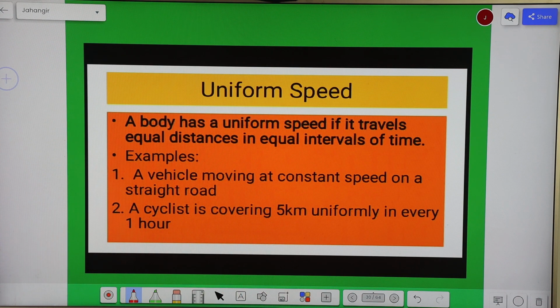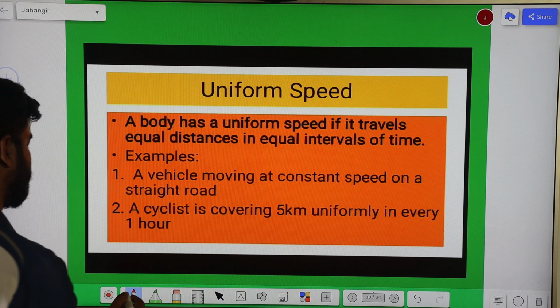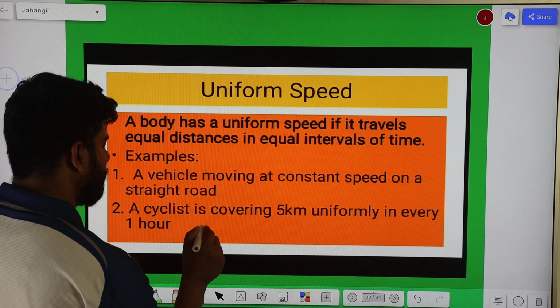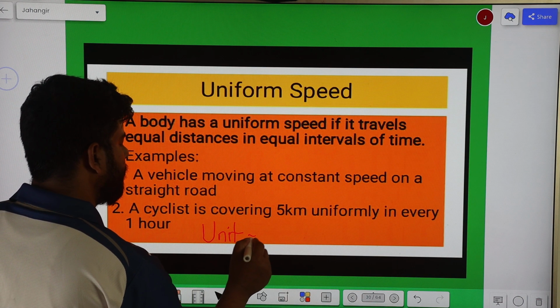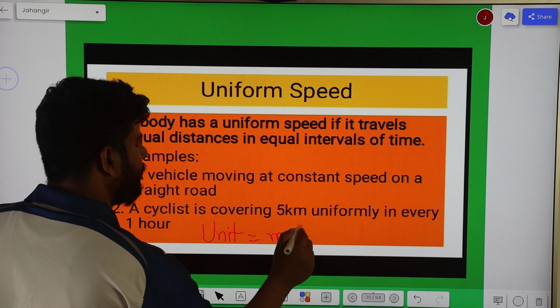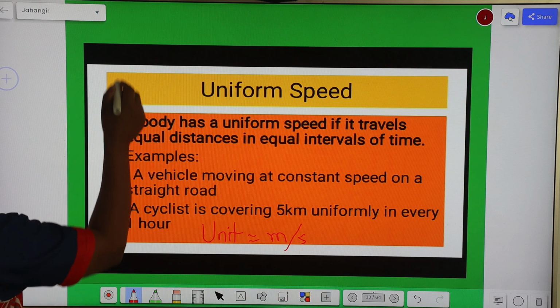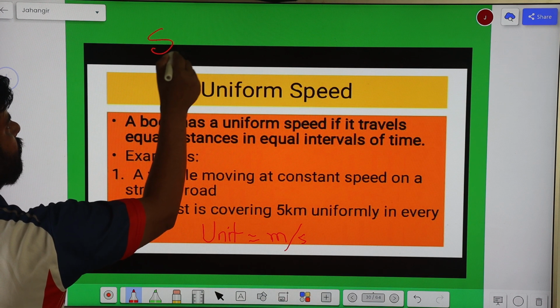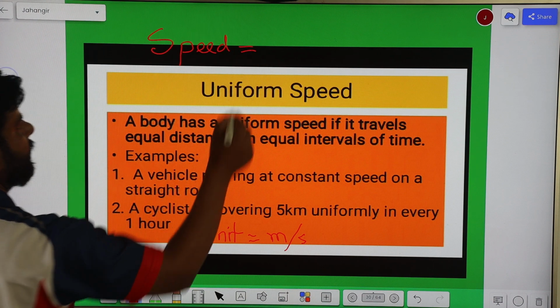The SI unit of speed is meter per second. Why meter per second? Because we know the formula: speed equals distance divided by time.